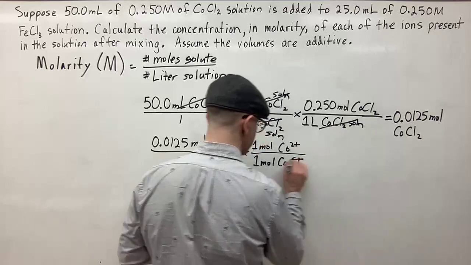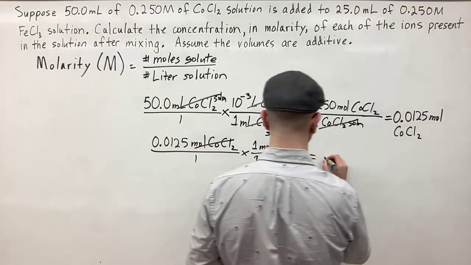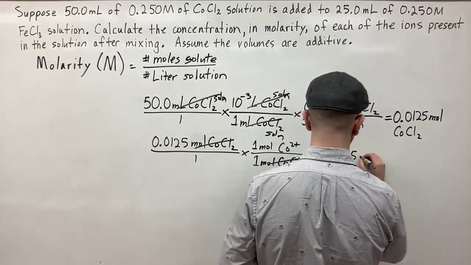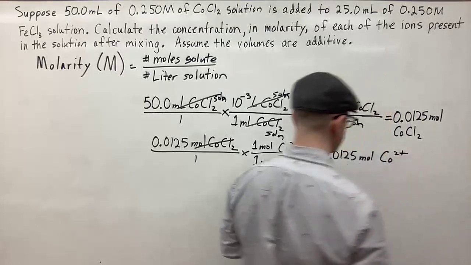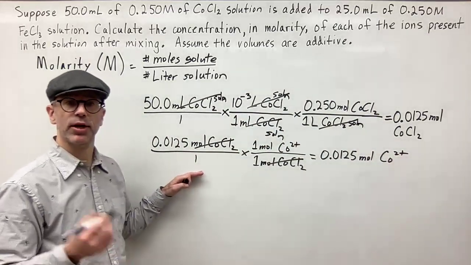So then I'm going to cancel out the moles of cobalt 2 chloride, and of course it's going to be 0.0125 moles of cobalt 2 plus ion.